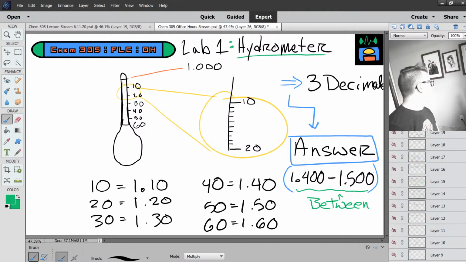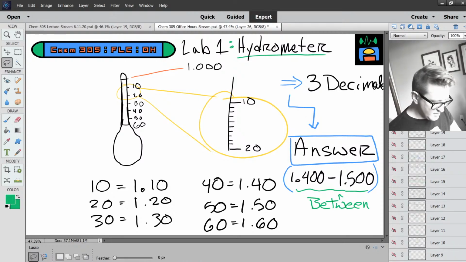And this has calibrations on here, and if it is floating exactly at 1.000. Yeah, hang on. I messed this up. All of these, sorry, I thought something felt off.